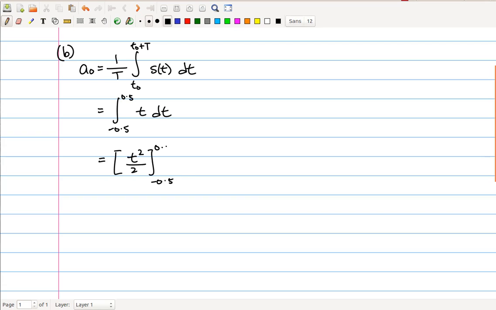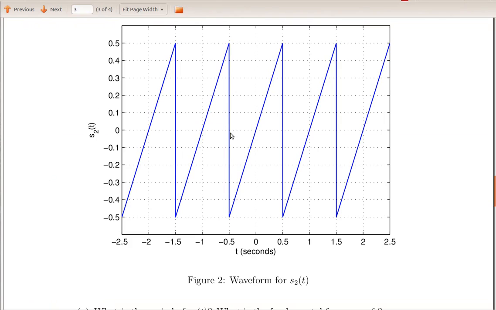Don't forget your limits. Now we have upper limit minus lower limit. This calculation works out to 0. And that's what we expect, because like we saw before in the diagram, this has a net area equal to 0.